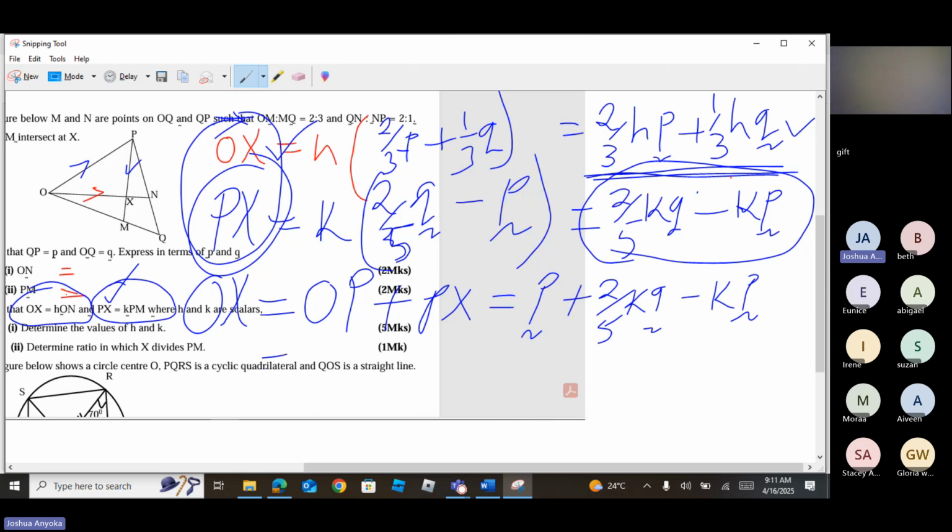Then evaluate, we collect like terms together, vector P minus KP plus 2 over 5 KQ.